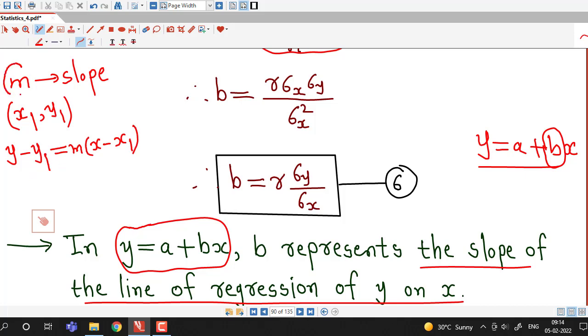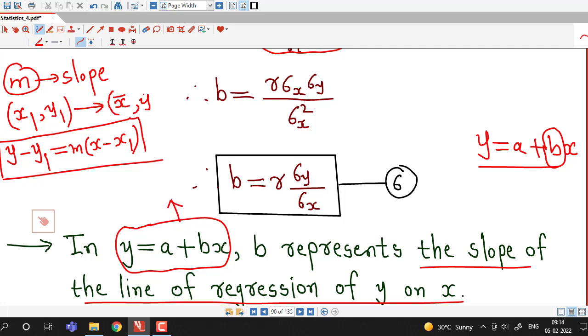The equation of a line with slope m and point x1 y1 through which it is passing is given by y minus y1 equal to m times x minus x1. Now we have established that this regression line passes through the point x bar y bar, and if we write in this form, then this b is the slope of the line, and we have this formula for the slope, that is b.